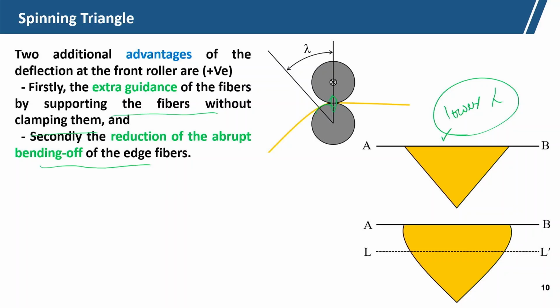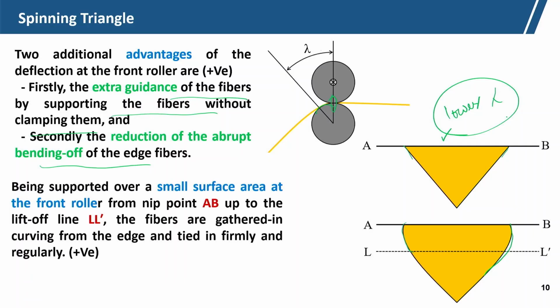So, extra guidance was not there and it changed abruptly. But when the contact was increased, extra guidance was there, so there is no abrupt change. The edge fiber direction changes smoothly.